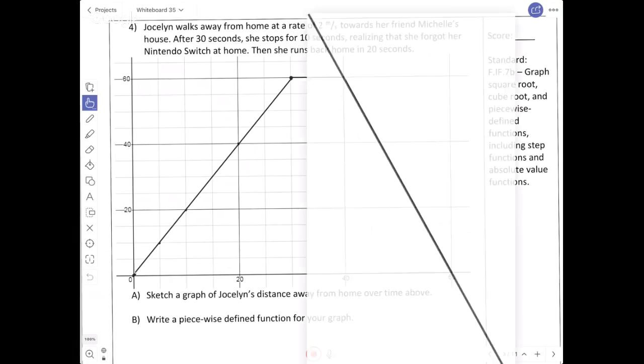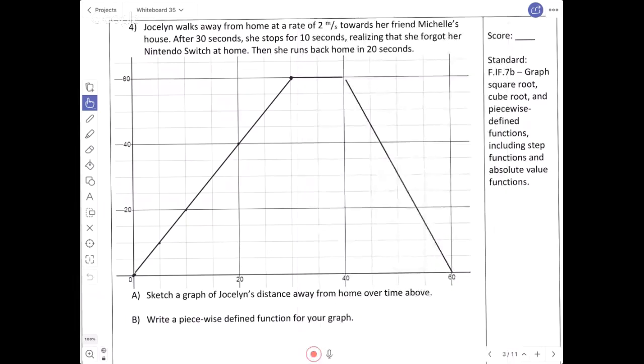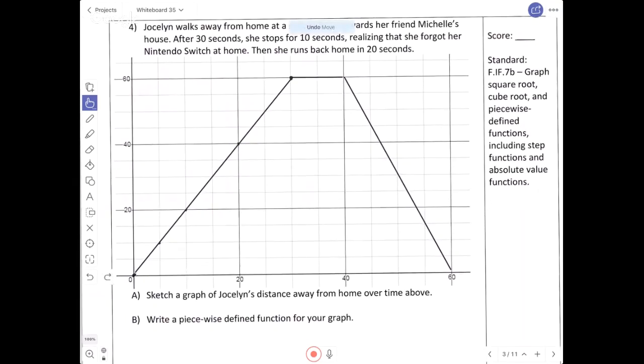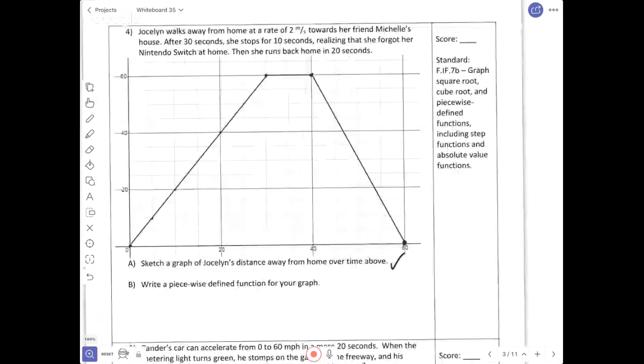So at 60 seconds, or a minute later, she's back home. Cool. So that should be your graph there. Okay, sketch, check. And then write a piecewise defined function for your graph.